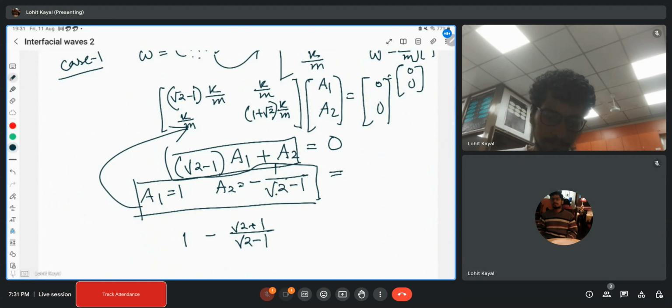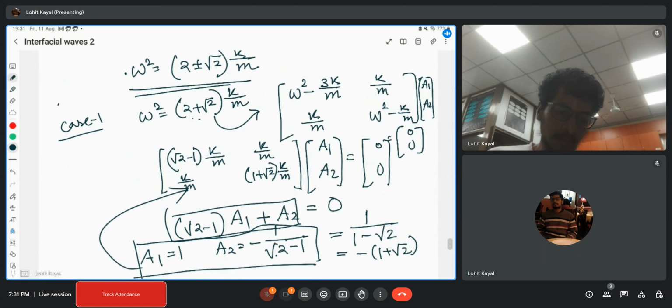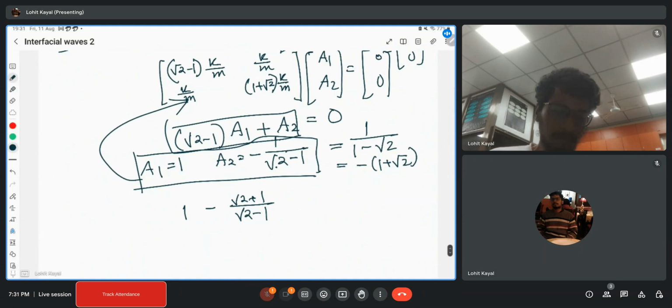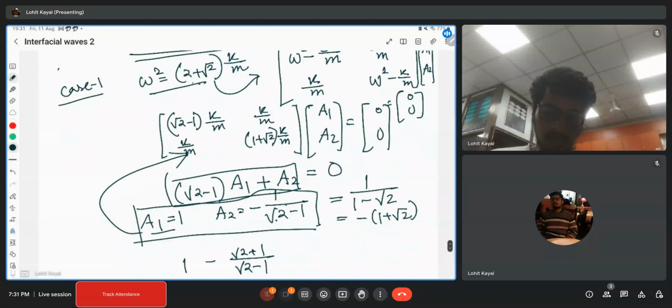It will be equal to 1 by 1 minus square root 2 equal to minus of 1 plus square root of 2. So yeah, you can see from this expression that I am getting a1 equal to 1 and this is minus of 1 plus square root 2, and obviously if you substitute it, it will not give you 0. So there is a plus minus error.